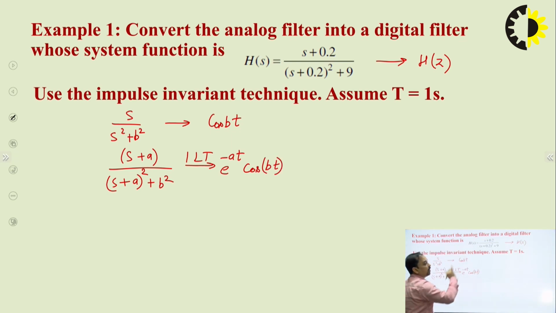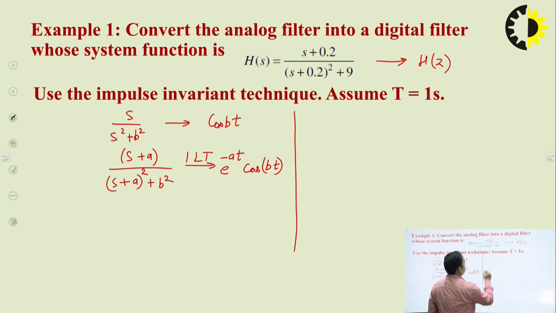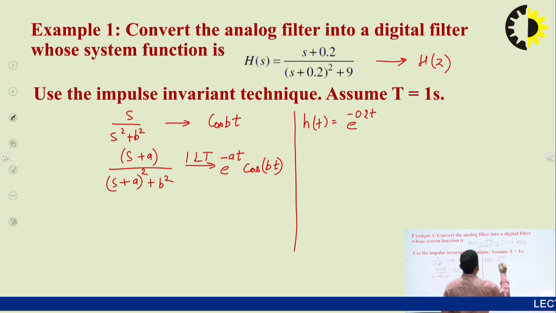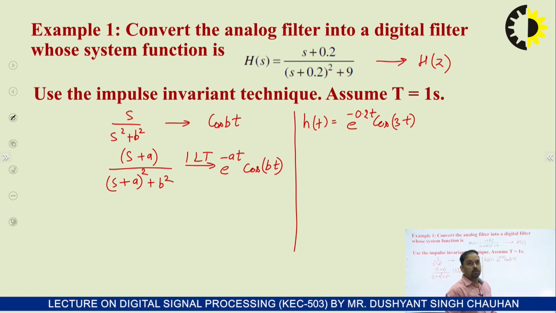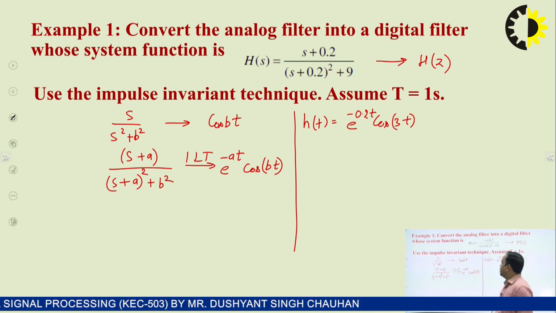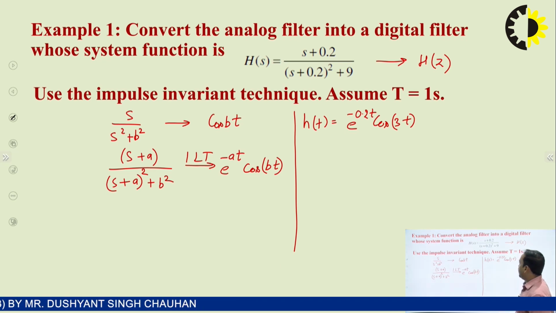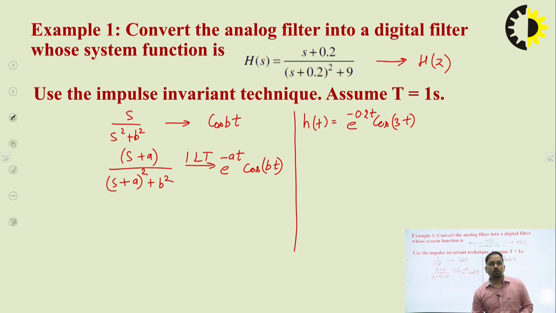For this particular equation, we get the impulse response h(t), which is e raised to power minus 0.2t and cos of 3t, with u(t) also present.